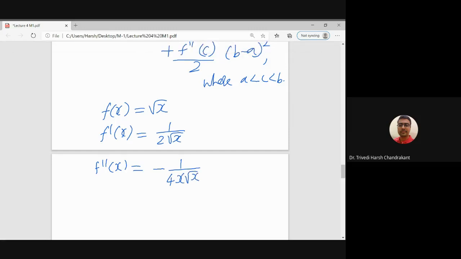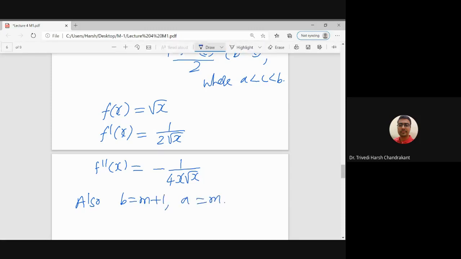And these values we need to substitute for b equal to m plus 1 and a equal to m.